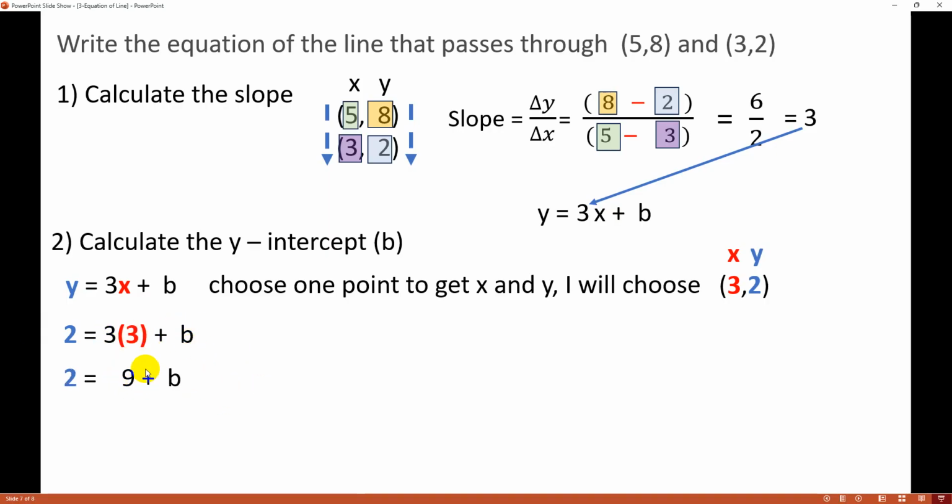I want to get rid of that 9 so I can isolate my b. I subtract 9 on both sides of the equation. 9 minus 9, 0. 2 minus 9, negative 7. And that would be the value of b, negative 7. Now I replace that value of b here, and I have the equation of the line.